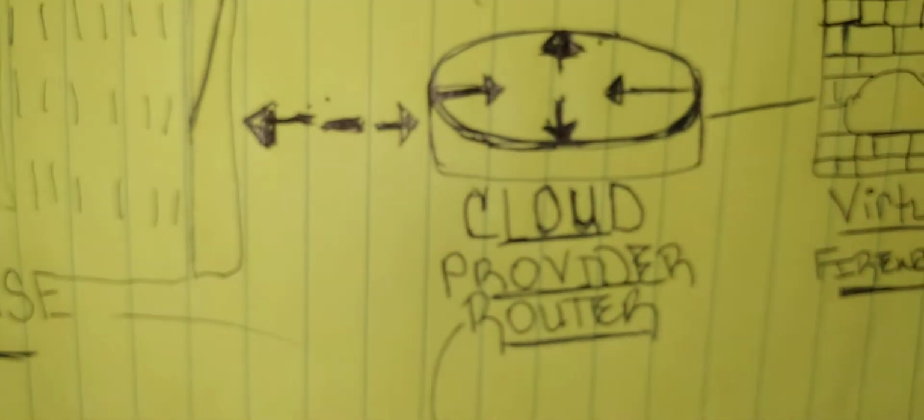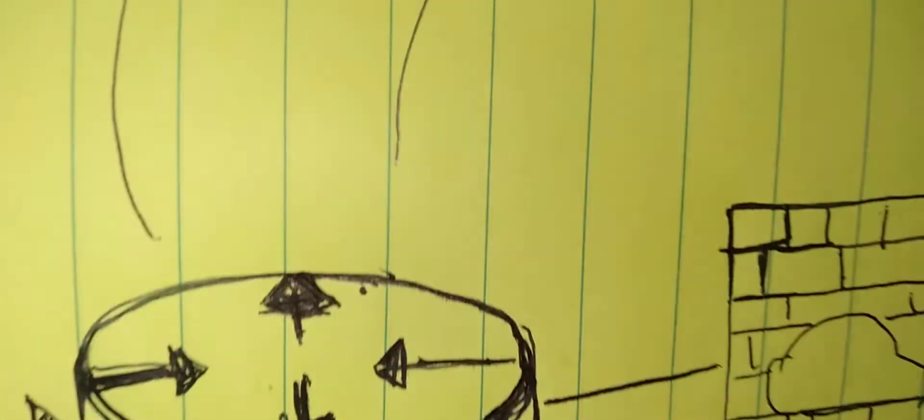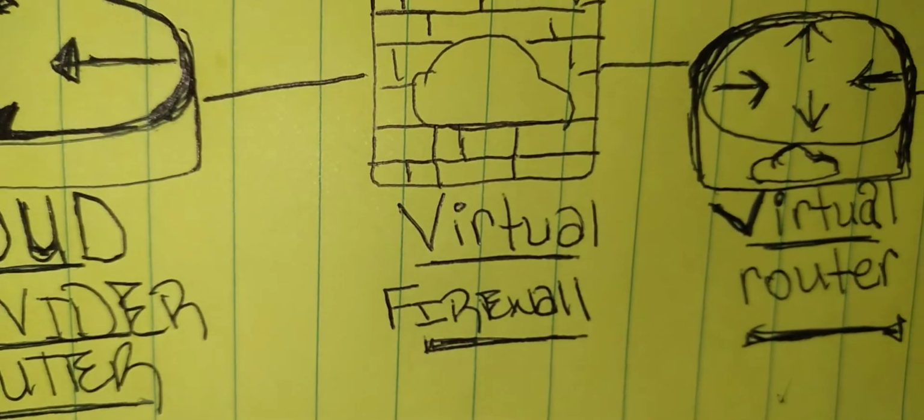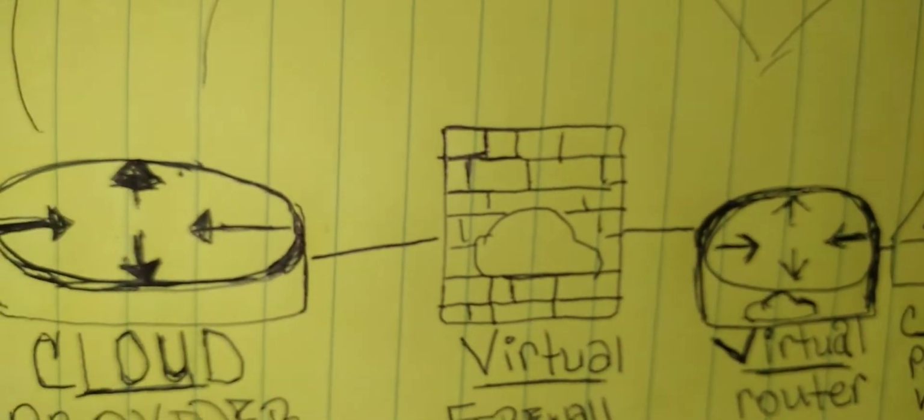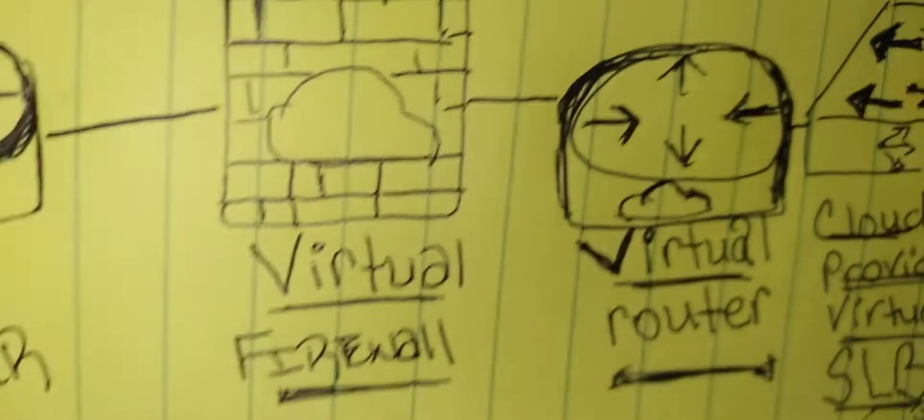So it's amazing what we can virtualize, not just servers, but we can also virtualize routers, switches, firewalls. So there's lots of things that we can do to load balance.